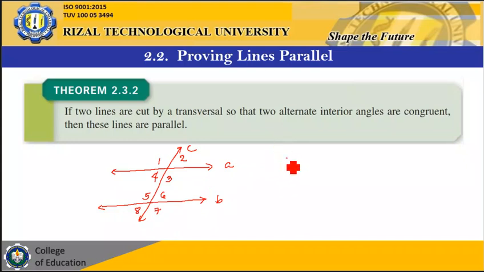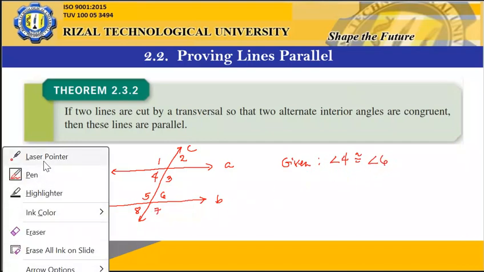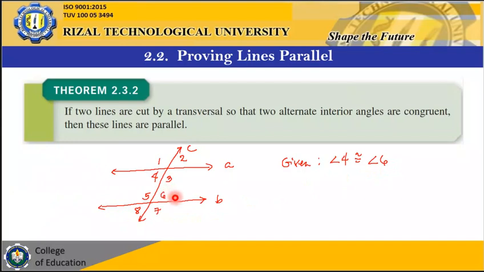Given, according to the hypothesis, angle 4 is congruent to angle 6 because angle 4 and angle 6 are alternate interior angles. What we are trying to prove is that line A is parallel to line B.